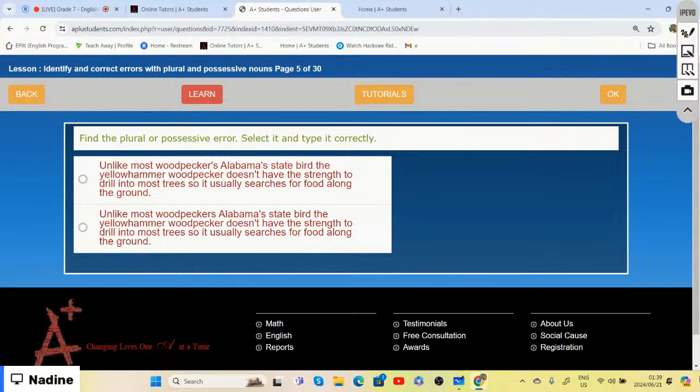So do we say it's option one, which is woodpecker's with an apostrophe S, as well as Alabama's, or is it woodpeckers just with the S to show it's plural?